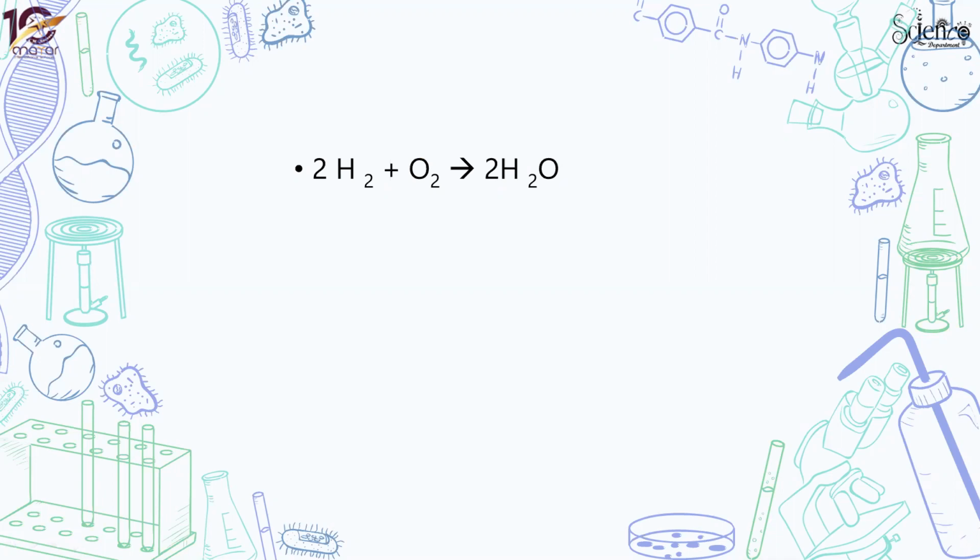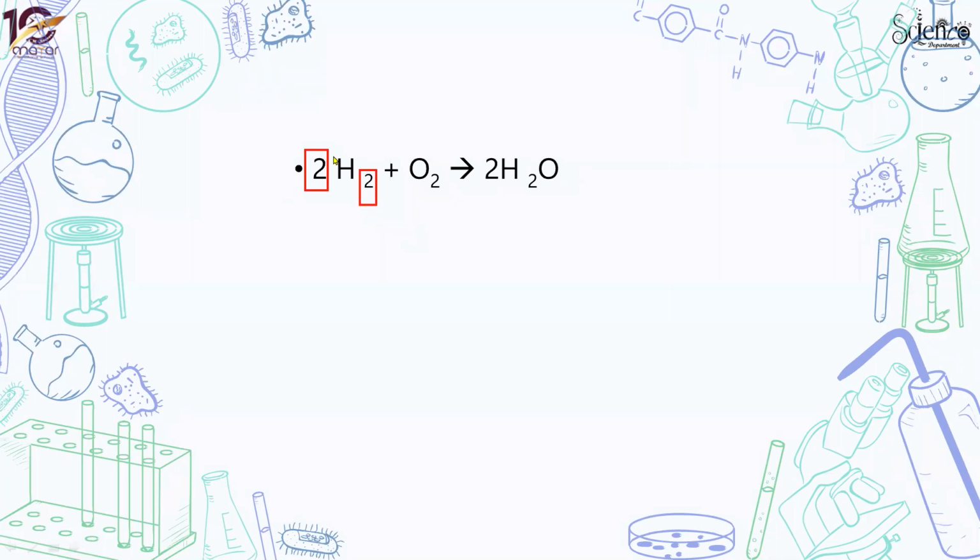First of all, I'm going to show you how to calculate the number of atoms again. So look at this coefficient. I have 2 hydrogen molecules, but how many atoms of hydrogen? Not how many molecules, how many atoms of hydrogen? I have here a subscript 2. So 2 as a coefficient, 2 as a subscript.